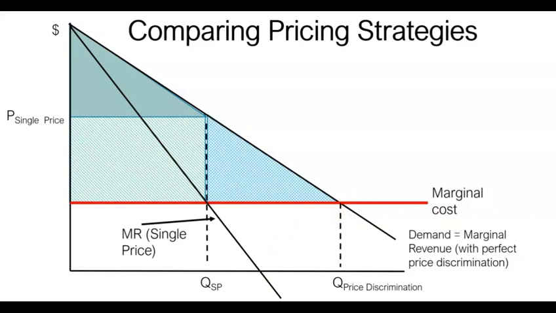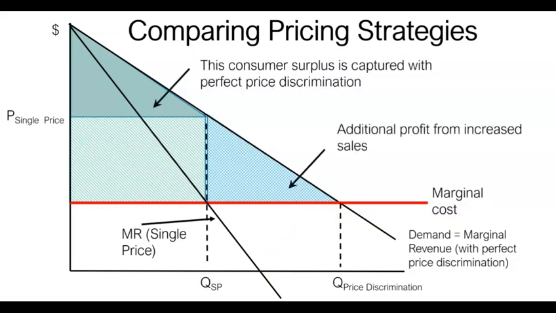And the result ends up being that the seller can get additional profit, not only by capturing the consumer surplus, because now each of these buyers is paying a higher price than they did before, but the seller is also willing to expand sales all the way up to this point, and that additional revenue from those additional sales in excess of marginal costs is adding to the seller's profits.